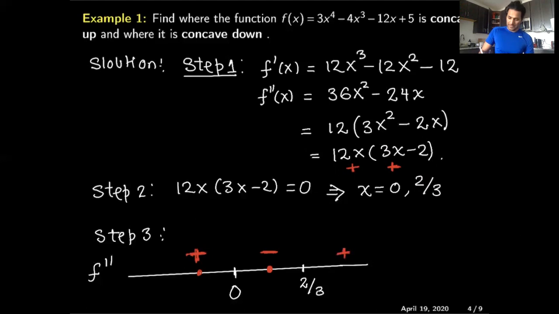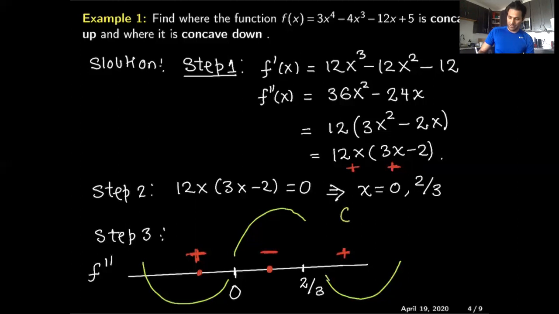So this tells us the function on this portion of the interval from -infinity to 0 will be concave upward. Here, the function will be concave downward, and then the function will be concave upward again here.